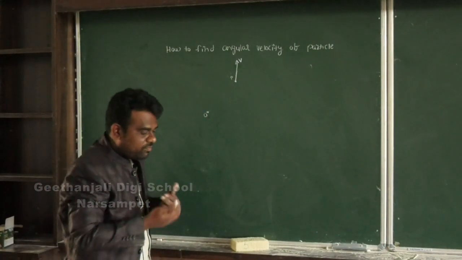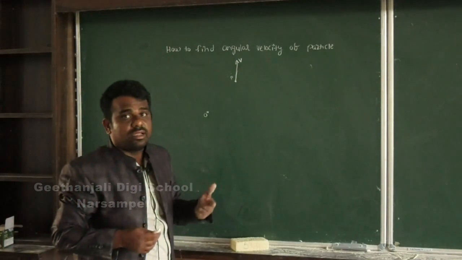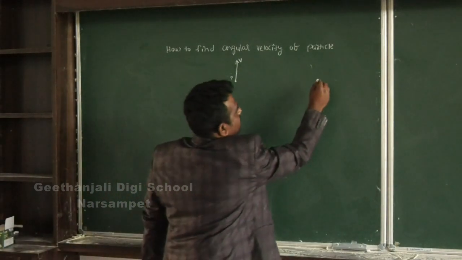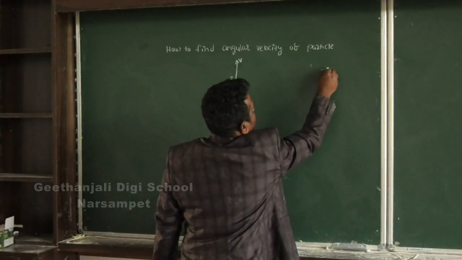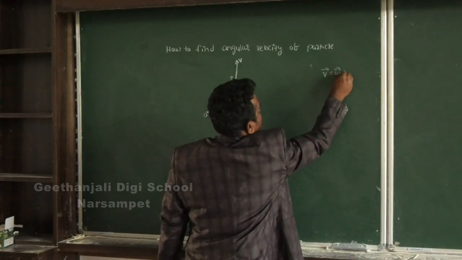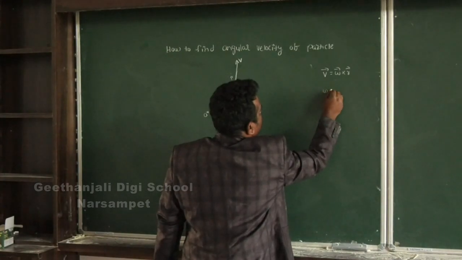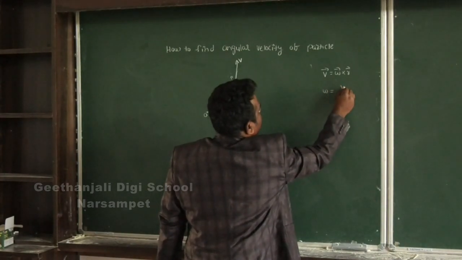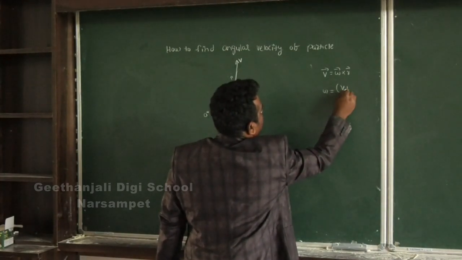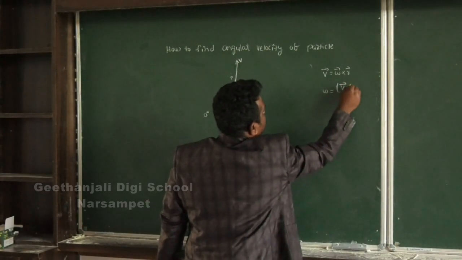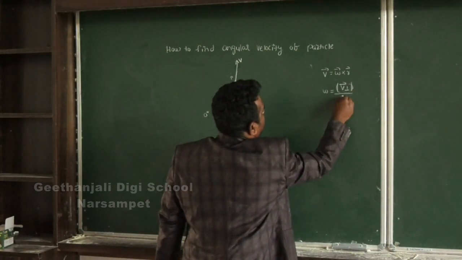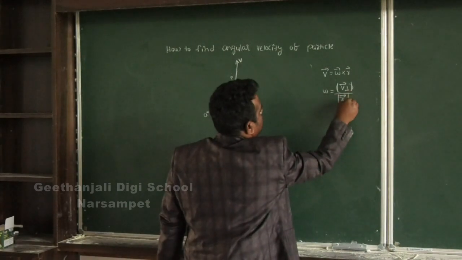Yes, we know one formula for angular velocity. From V bar is equal to omega bar cross r bar, I can write omega is equal to mod V perpendicular by mod r bar perpendicular.